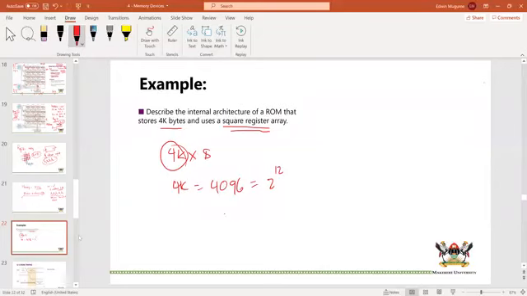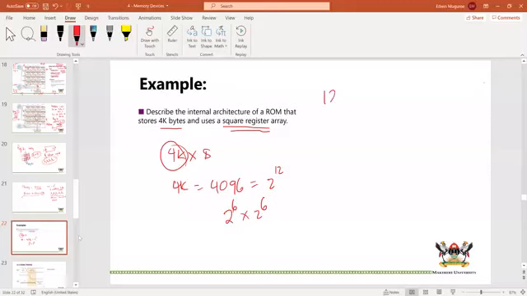And 2 to the power 12 is really 2 to the power 6 times 2 to the power 6, isn't it? Yeah, it's 2 to the power 6 times 2 to the power 6. So it's a square array.